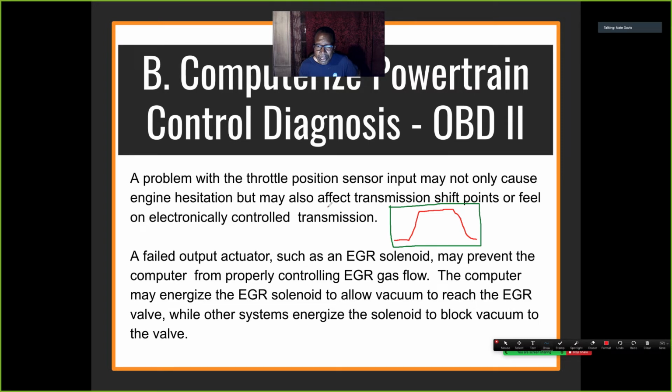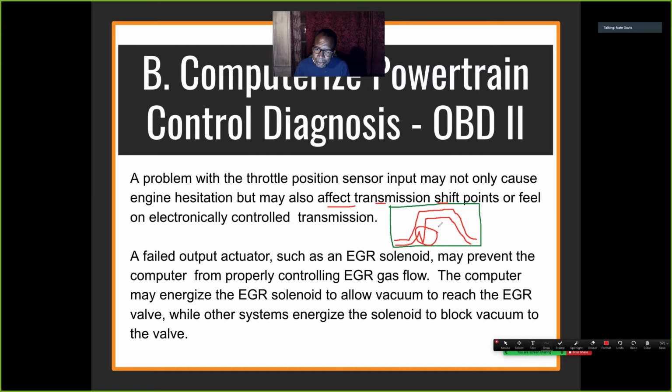But how can it affect the transmission shift points? If it does this, same signal, it goes up, but it has a glitch in it, and then goes back up again and finishes travel. This right here will cause the transmission to shift incorrectly, because now the PCM/ECM thinks that you just stepped off the gas pedal.